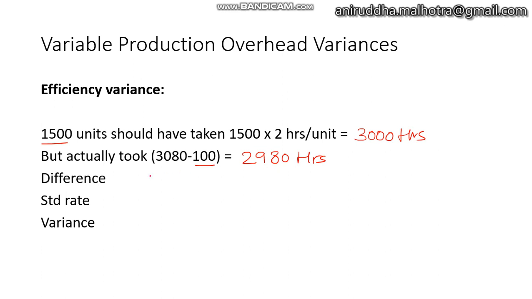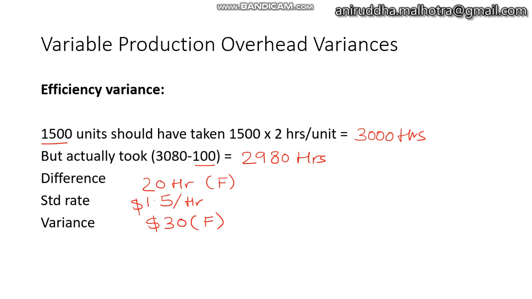That means we took 20 hours less, 20 hours favorable, because instead of taking 3000 hours, we took only 2980 hours. Then our standard rate of absorption was $1.5 per hour, and hence our efficiency variance will be 1.5 into 20, that is $30 favorable. And in this simple way, we calculate the efficiency variance.